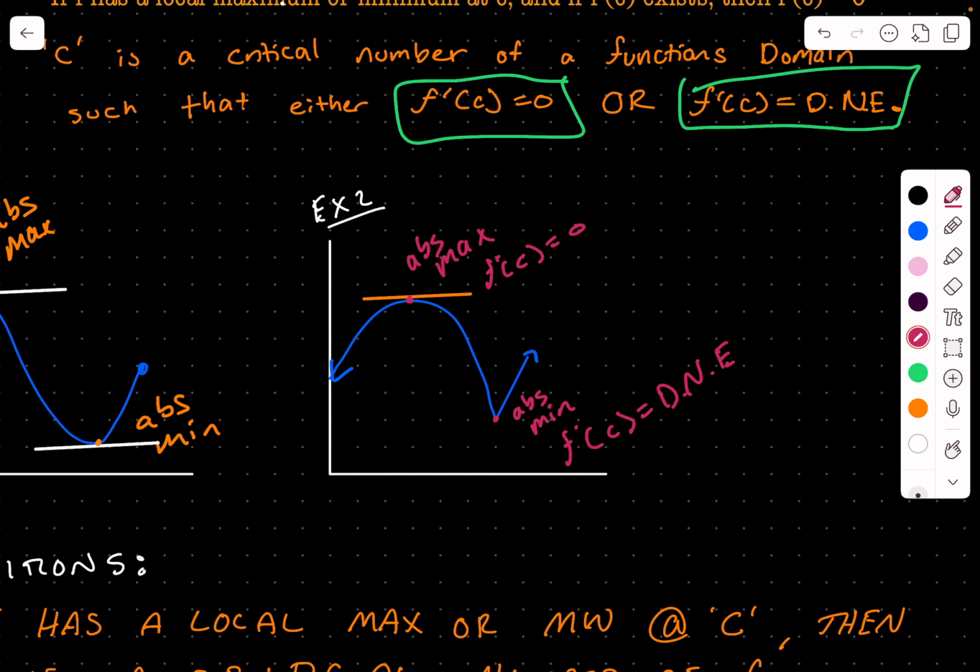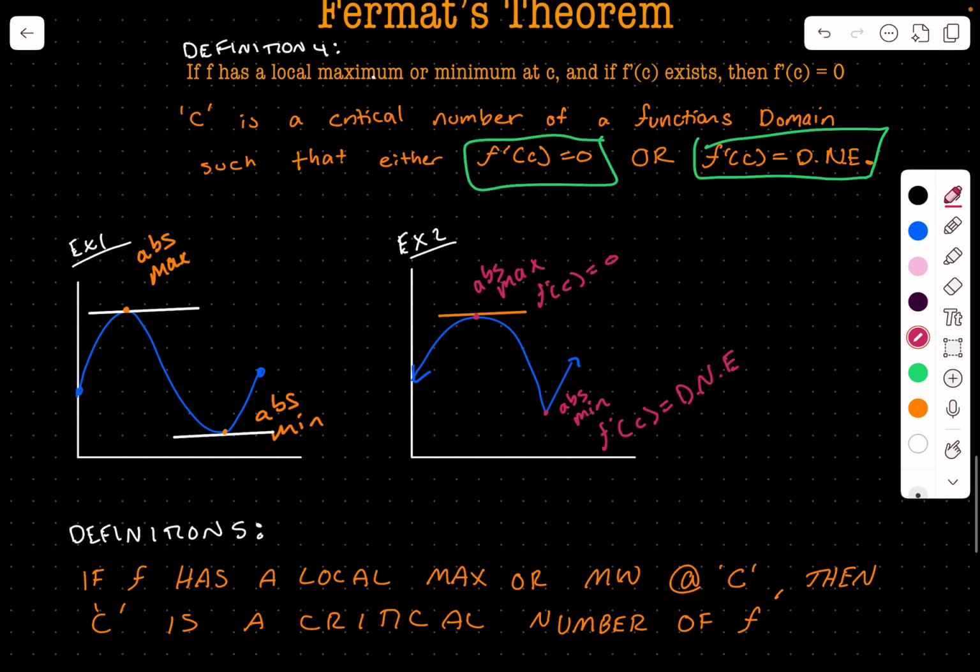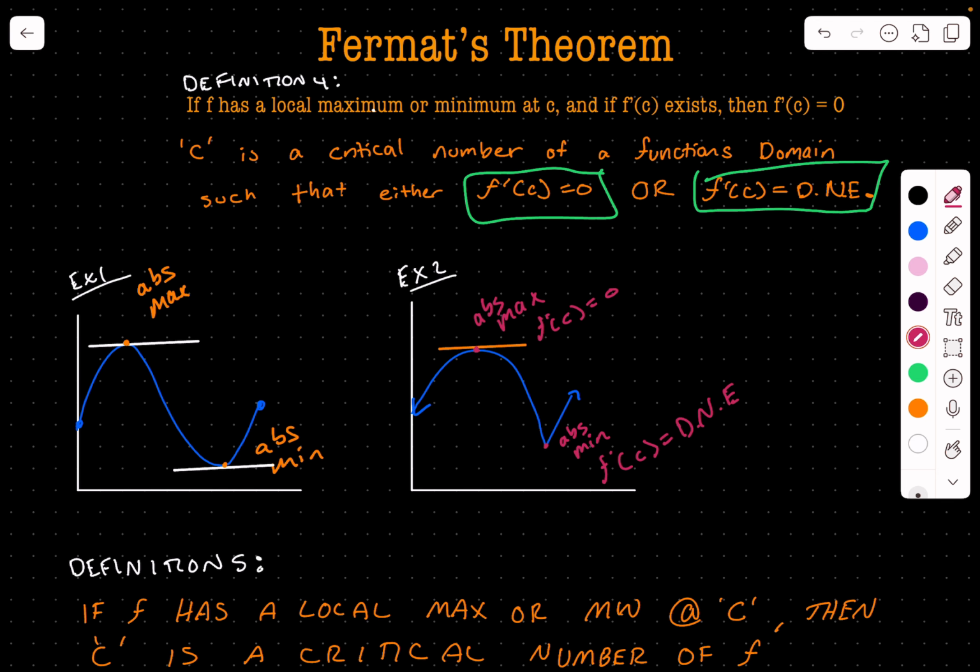So I hope that makes sense. And again, a quick recap. Your critical values are only critical values if they fall within the domain of your function. At those critical values, they're either going to equal 0 or does not exist. You can think of it as a roller coaster, or you can just do a horizontal tangent line.